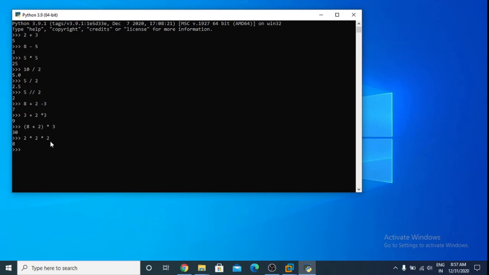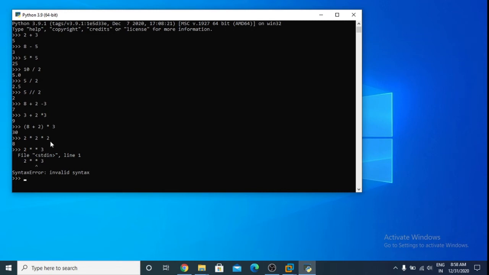You can also use 2 raised to power 3, that means 2, 4 and 2, 8. So the answer is 8. It will give us a syntax error.